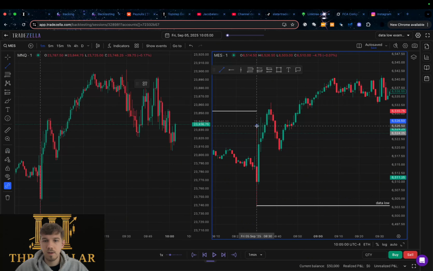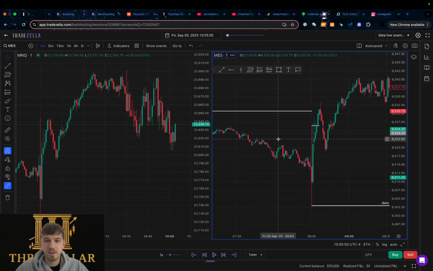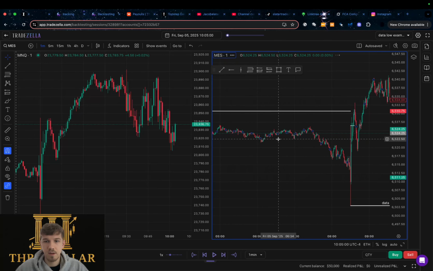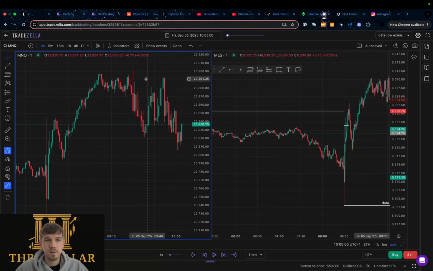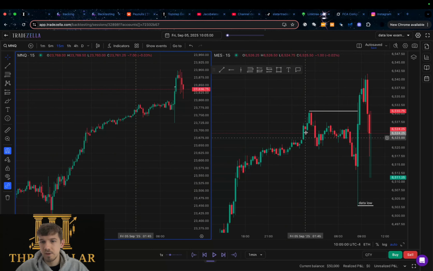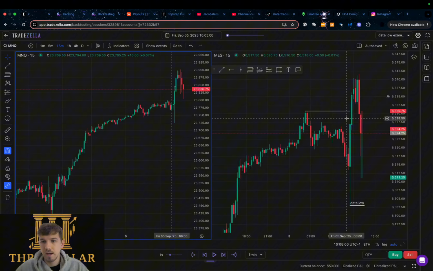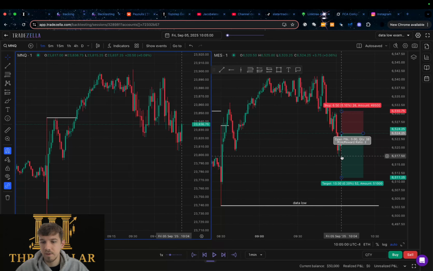We've got the actual data high, but we've swept that already, as well as a bunch of other buy side. And same on ES, we took the high here. So in this particular trade, we swept London highs before then reversing, and this is the exact trade I took a few weeks back on the 5th of September.